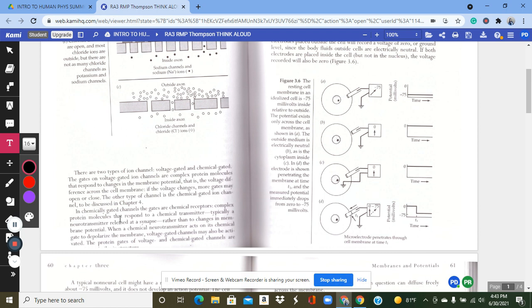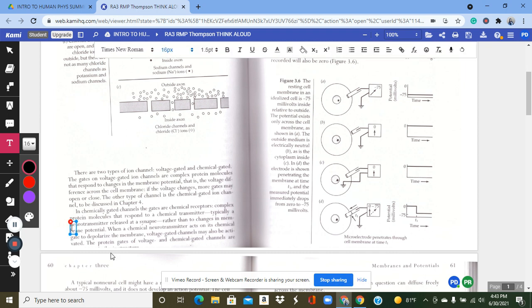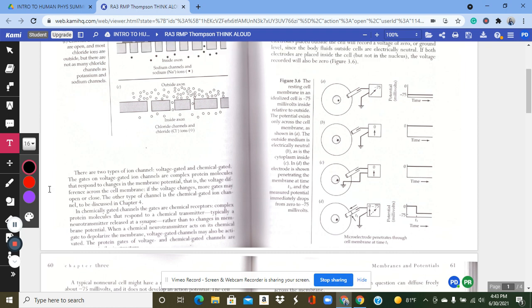Okay, so in chemically gated channels, the gates are chemical receptors. Complex. Okay, I should probably remember this. So, chemical receptors are complex protein molecules that respond to a chemical transmitter, typically a neurotransmitter, I know what that is, I learned that in my AP psychology class, released at a synapse, rather than to changes in membrane potential.